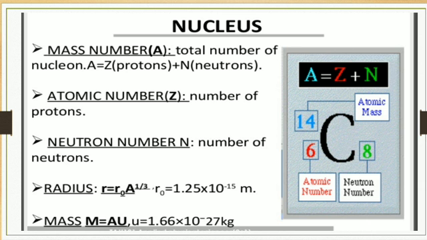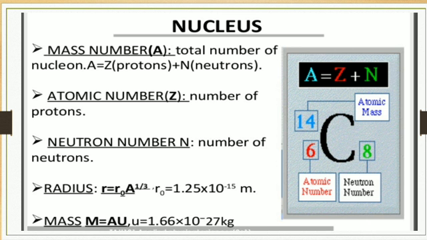The total number of nucleons is the mass number, represented by A, which equals the number of protons plus the number of neutrons.